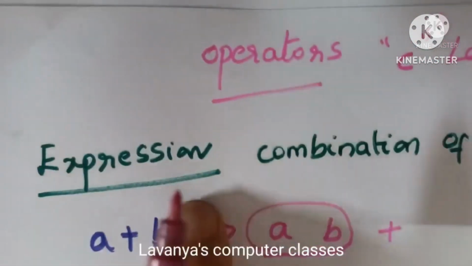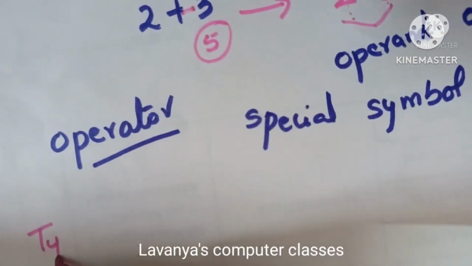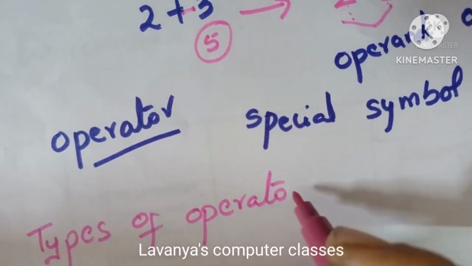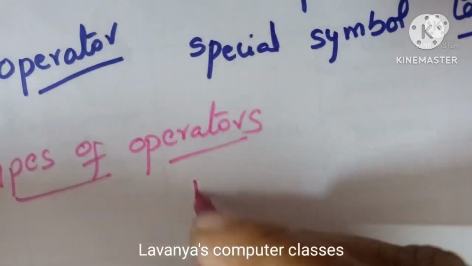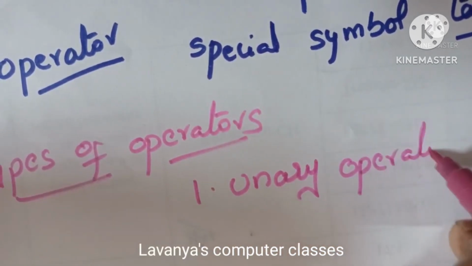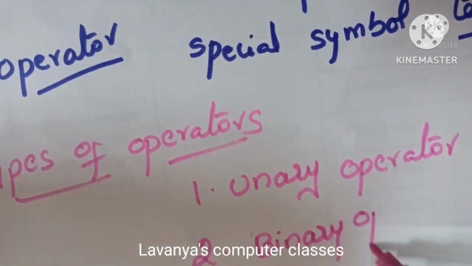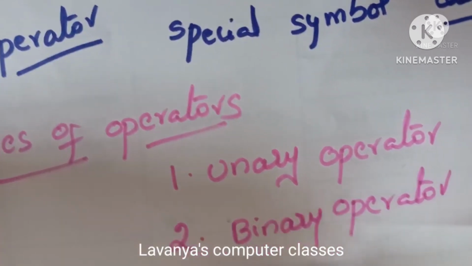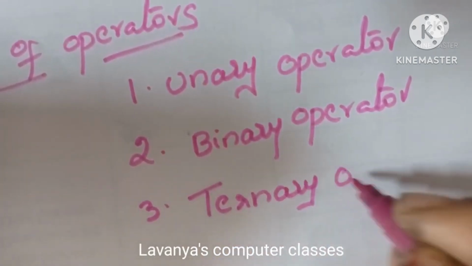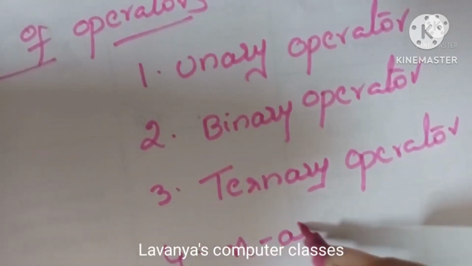So till now we have covered what an expression is and the definition of an operator. Now we go for types of operators, or categories of operators. We have 4 types of operators: unary operator, binary operator, ternary operator, and the fourth one is n-array operator.